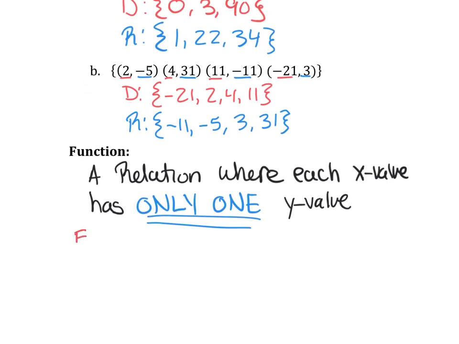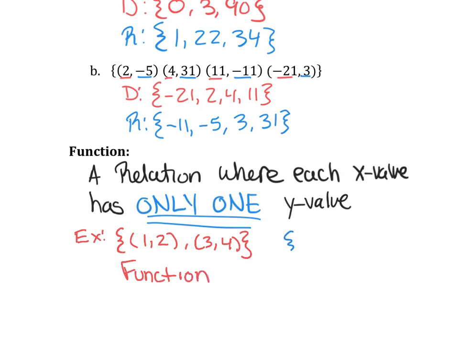So for example, right below it, if we had the points 1, 2, and 3, 4, we have two different x values. The x values don't repeat, so we don't have to worry about it. This one would be a function. But if we had an example where we had 1, 2, and then 1, 7, here we have the same x value, 1 and 1, but it's taking us to different y values.